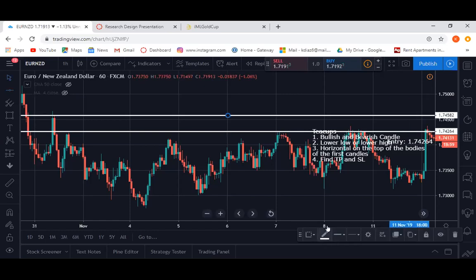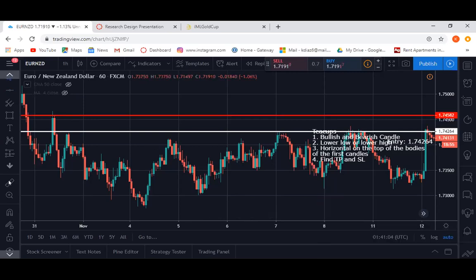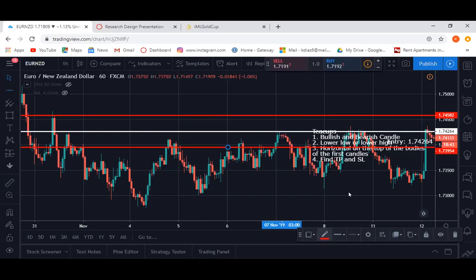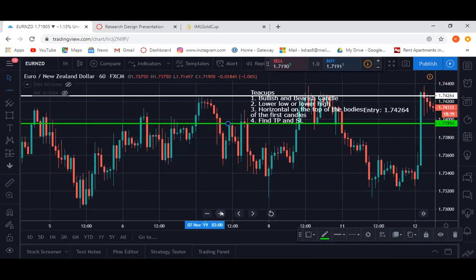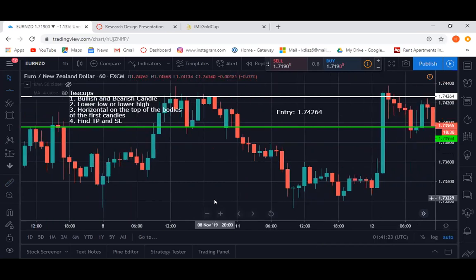And then something I personally do again is I change it to red. And then I go from the entry line, the white line, measure down 30 pips, and then place a horizontal line at the bottom of the box, and then change it to green. So let me zoom back in. Can't see my stop loss.